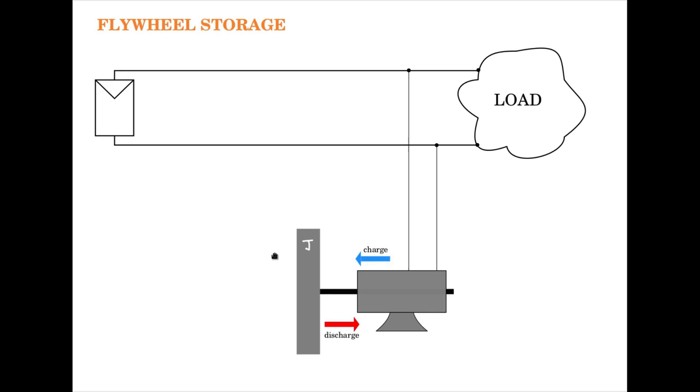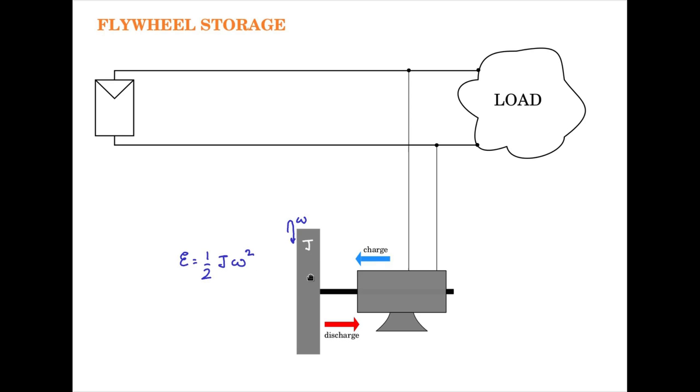If the flywheel has an inertia J and a rotational speed omega in radians per second, then the energy contained within the flywheel is given by half J omega square. So if the motor shaft speed increases, then the flywheel speed omega will also increase, and thereby its kinetic energy will increase by omega square.